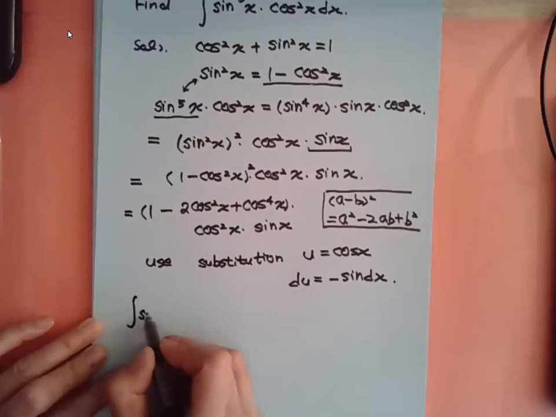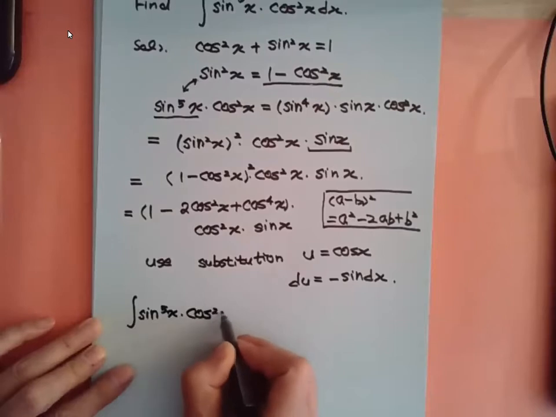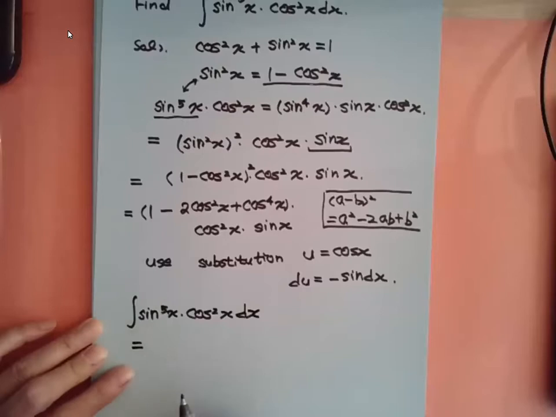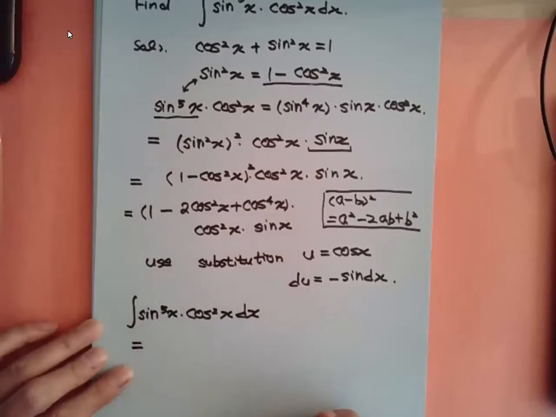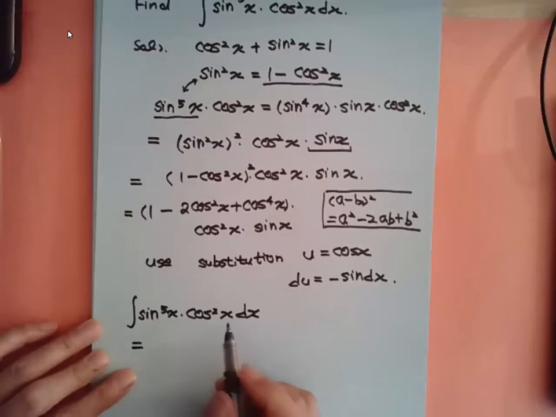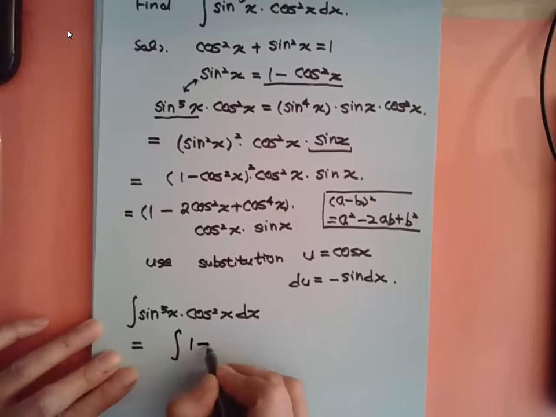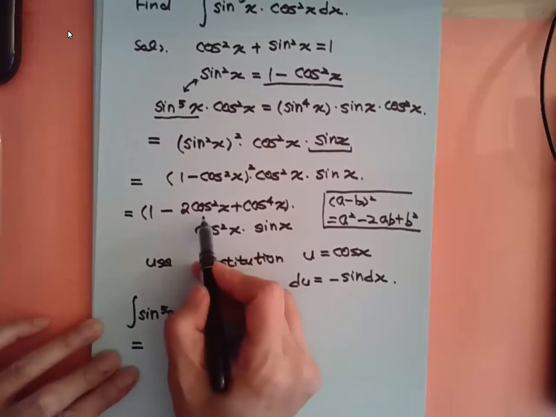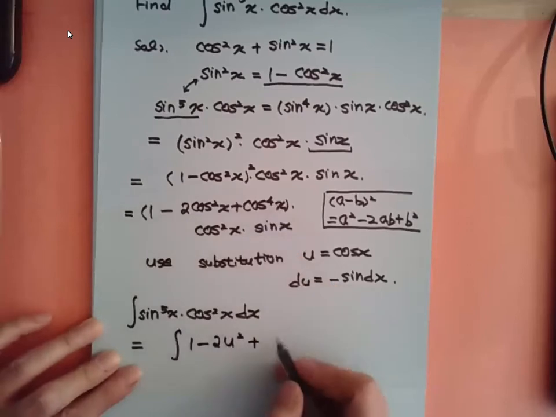So the integration of sine to the fifth power x times cosine squared x dx equals, for this part, that becomes the integration of 1 minus 2 times u squared, instead of cosine, we will use just u, plus u to the fourth power.